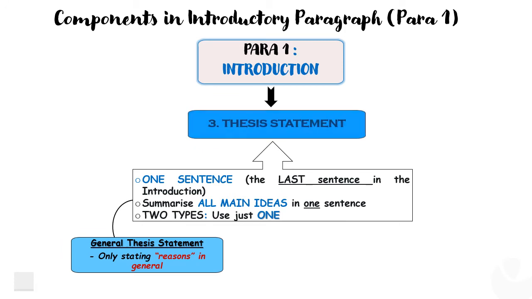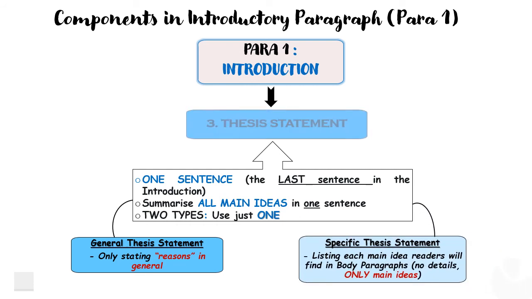You only state the reasons in general without indicating specific ones. Or you could also write a specific thesis statement which lists each main idea the readers will find in your body paragraphs in the essay. You only mention the main ideas with no details given. You only have to write one type of thesis statement.